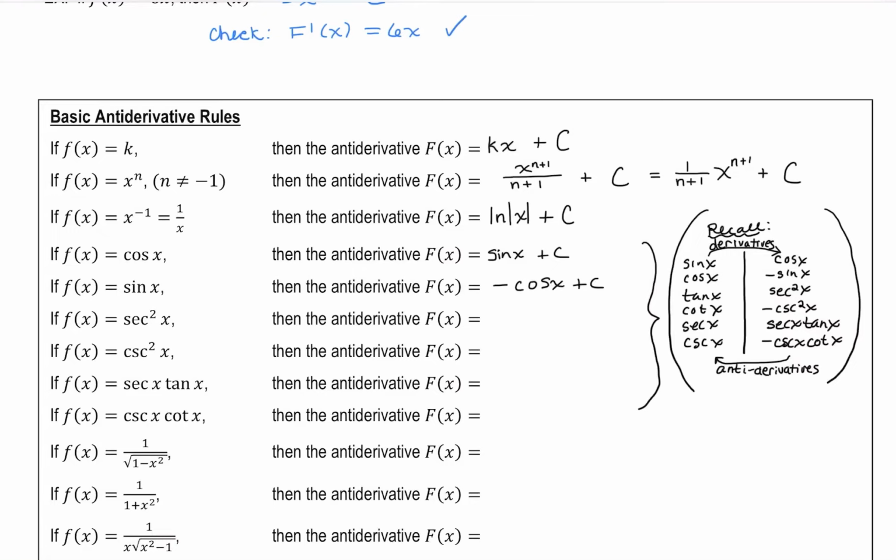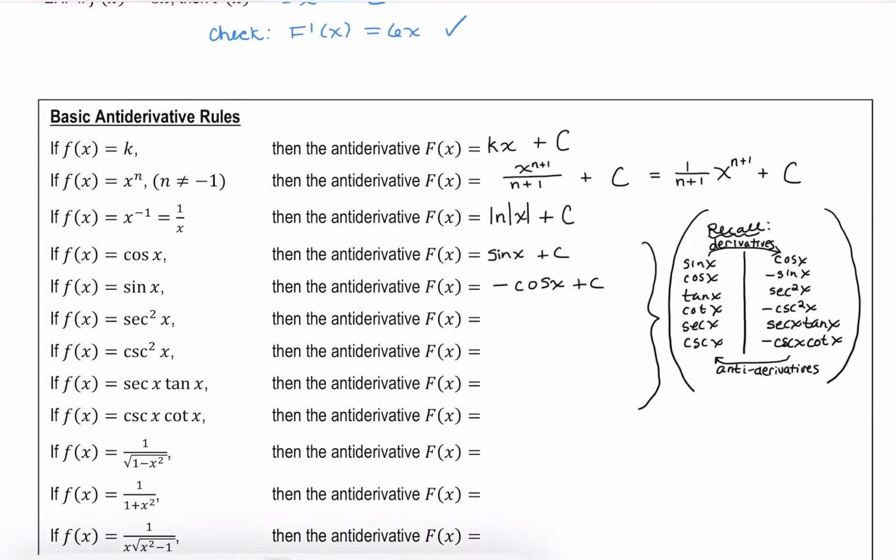If you weren't sure on this, let's check this one, this whole notion with the negative there. If you were to take this derivative, the negative gets carried along, and then the derivative of cosine is minus sine. And so those two negatives become positive, and I do get back to just sine, which is what we started with. So let's continue here and write these out.